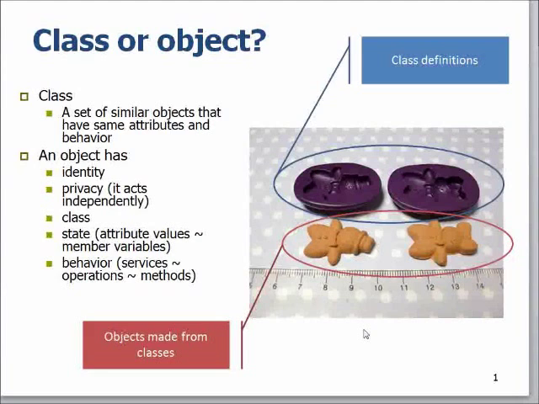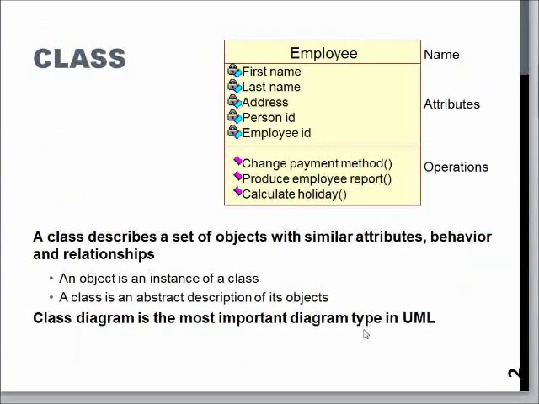So in this presentation we will go through a couple of the more simple things about objects and what sort of things they have. First of all, the class definition, as explained here, is the most fundamental part of UML notation.